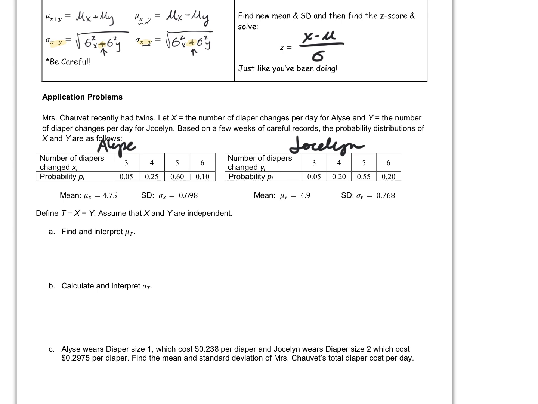All right, find and interpret mu of T. Well, mu of T is going to be the mu of X plus the mu of Y, which would be 4.75 plus 4.9, which gives me 9.65. So this gives us the total number of diapers.